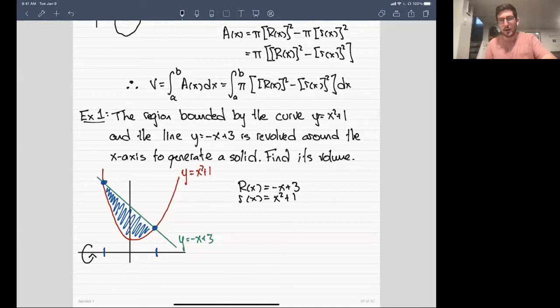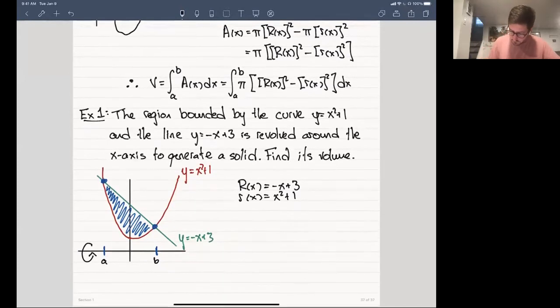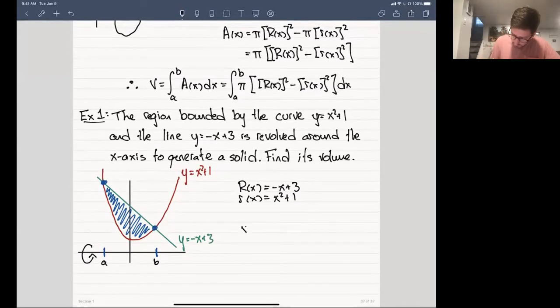And so now we have to ask ourselves, what are the bounds or the limits on this integration? So call them A and B. We need to find these, and we can see that these can be located by finding the points of intersection between these two functions. So we've done this before. This requires us setting x squared plus 1 equal to minus x plus 3.